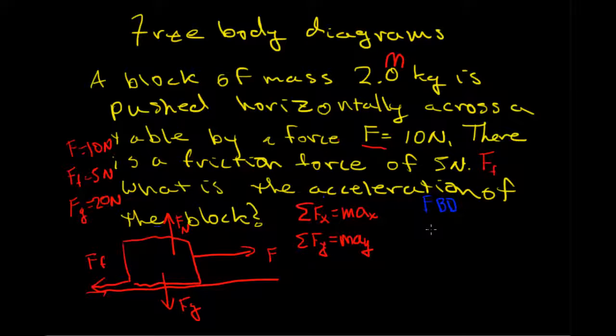The purpose of the free body diagram is to get this problem ready to plug into these equations and solve. We take our object of interest and represent it as a dot, and we draw all the forces on it. Here's the normal force. Here's the push force. Over here is the friction force, and here's the weight.